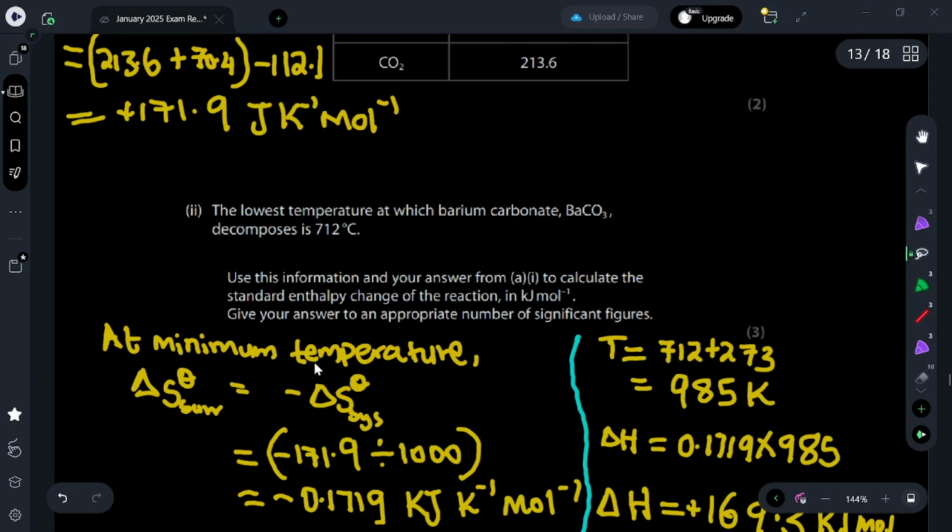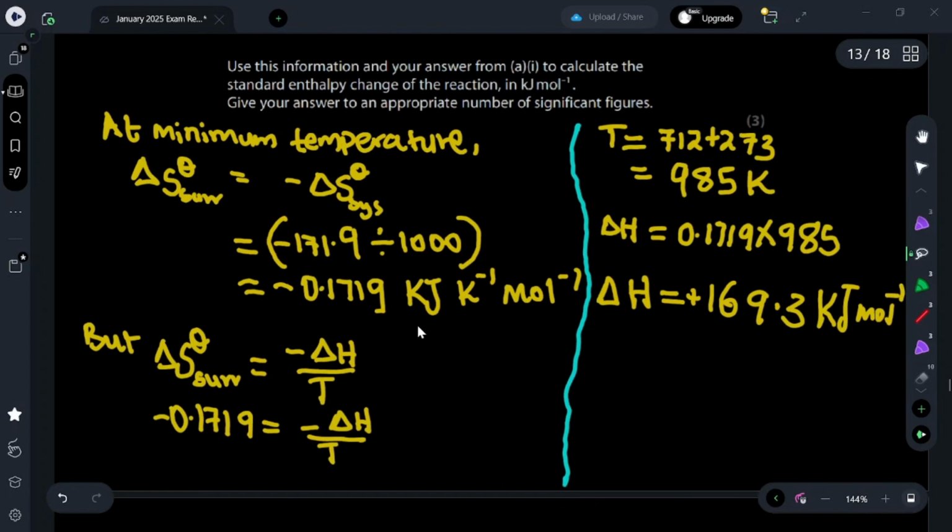That is when S total is 0. At that point, the entropy of the surroundings is equal to negative the entropy of the system, remembering that when we add surroundings and system, we get S total. So we can use the entropy of the system that we have got here, and the formula for the entropy of the surroundings, to get the enthalpy change of the reaction.